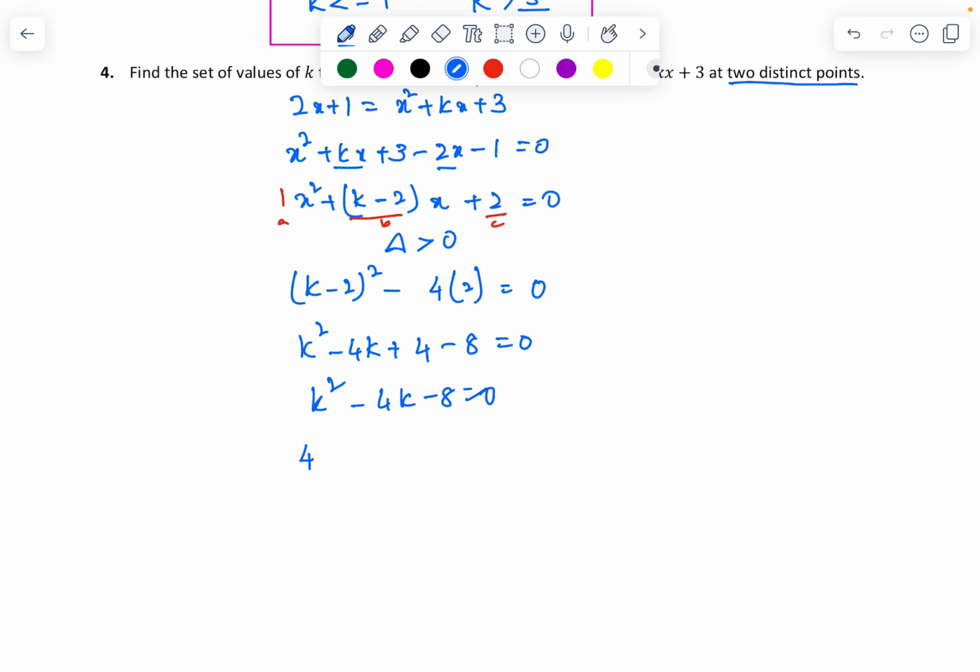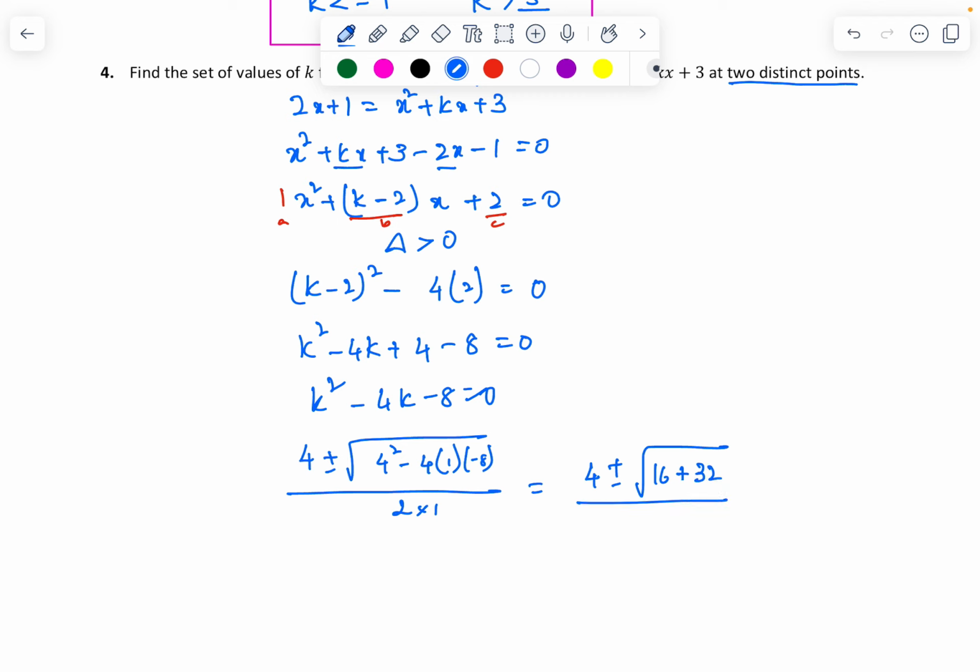So when you use the quadratic formula, minus b, minus of minus 4 is plus 4, plus or minus square root of 4 square minus 4 times 1 times negative 8 over 2 times 1. So this gives me 4 plus or minus square root of 4 square is 16, minus times minus is plus, 4 times 8 is 32 over... I think I made a mistake here.